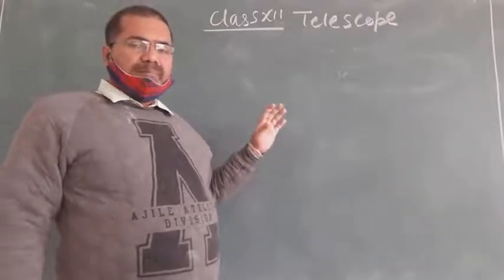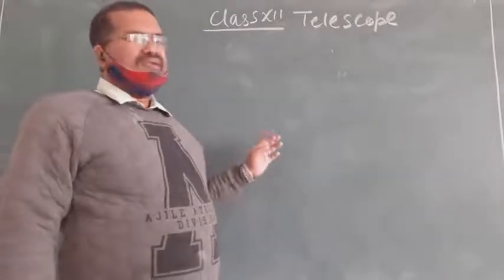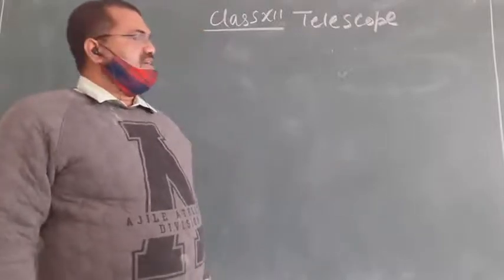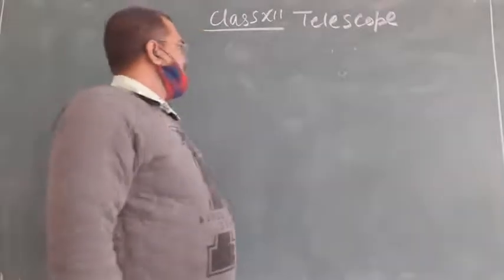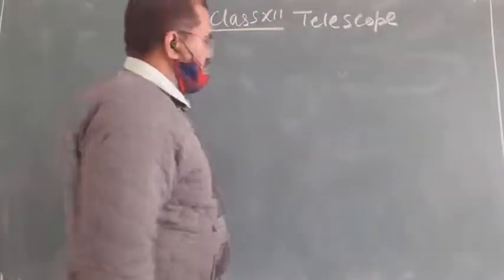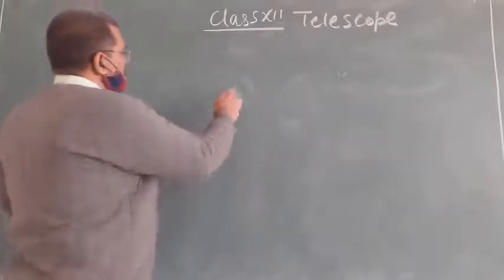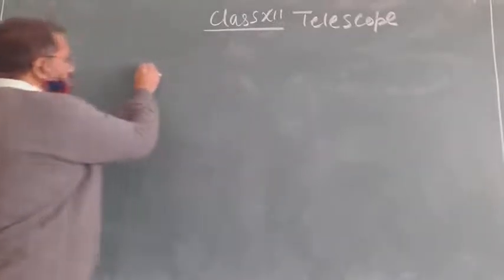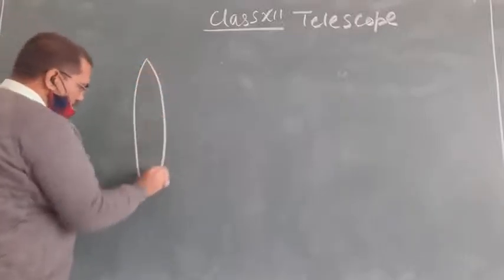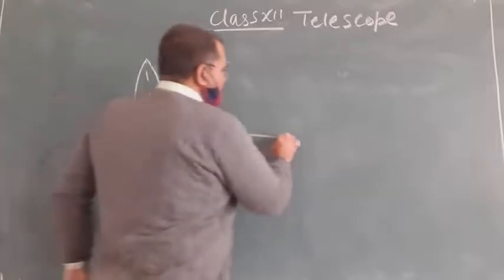As in a compound microscope there are two magnifications, similarly in a telescope there will also be two magnifications. First of all, we make the ray diagram of it. The objective should be taken bigger than the eye lens. So this is the objective, and this is the principal axis.